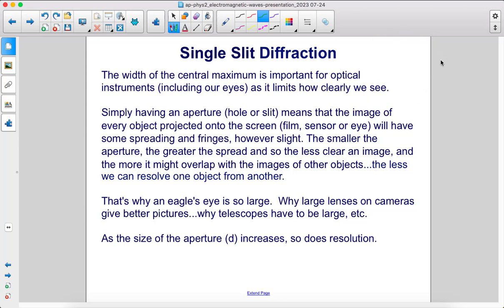The smaller the aperture, the greater the spread, so the less clear an image, and the more it might overlap with the images of other objects, the less we can resolve one object from another. That's why an eagle's eye is so large, why large lenses on cameras give better pictures, why telescopes have to be large, etc. As the size of the aperture increases, or the slit, so does resolution.